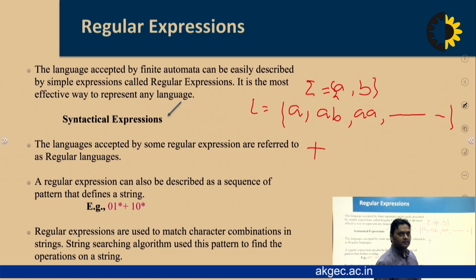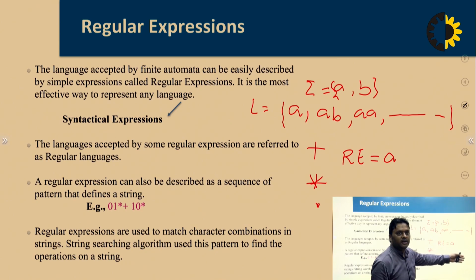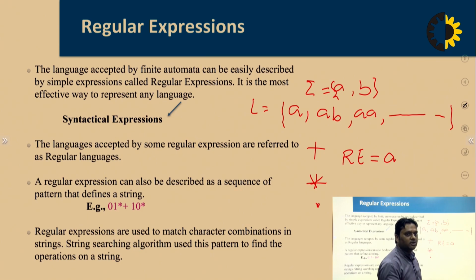union, closure, and concatenation. So for this language we write it in the form of regular expression. The regular expression will start with a, and after this any symbol can occur, a or b, any combination of a and b.